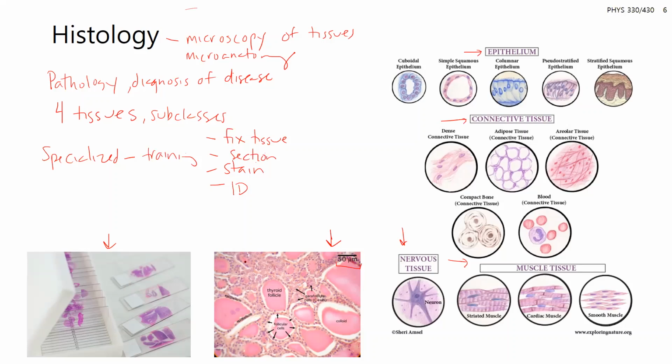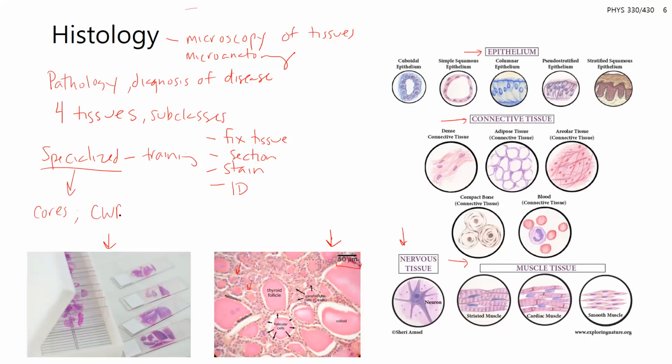And I'll say when I read papers where it's histology, and this one is nicely labeled, but many times the histology images will just have an arrow pointing to stuff. And I don't have histology training. For my untrained eye, it's very hard for me to tell the difference. So I appreciate the people who are specialists in this area. Because it is specialized, there are typically cores that take care of this.